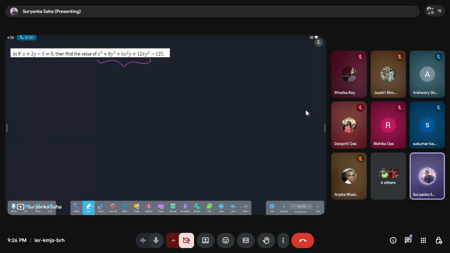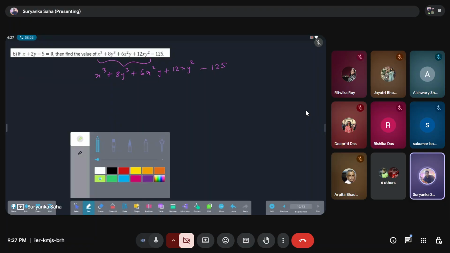So this is basically the given value, let me write the value. x cube plus 8y cube plus 6x square y plus 12xy square minus 125. Now, what is the standard form of a cube b cube formula?